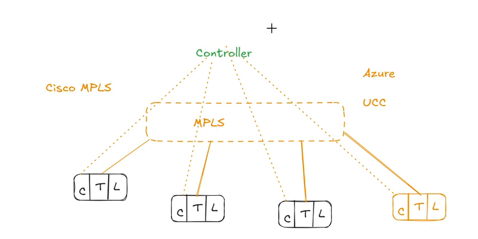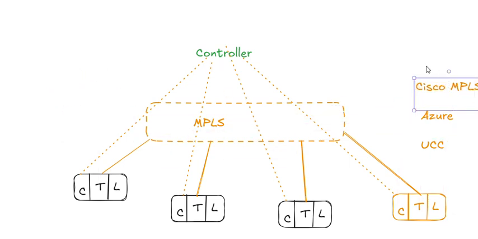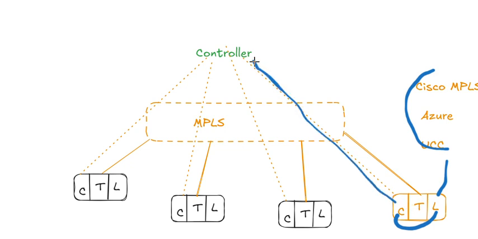So how does this play out? Let's say we have Azure and UCC and we have Cisco MPLS. If we can find a way to get these routes into the LAN VR of the SD WAN gateway, the LAN VR, if the BGP or static route is allowed in the redistribution policy, will advertise those routes into the controller via the control VR.